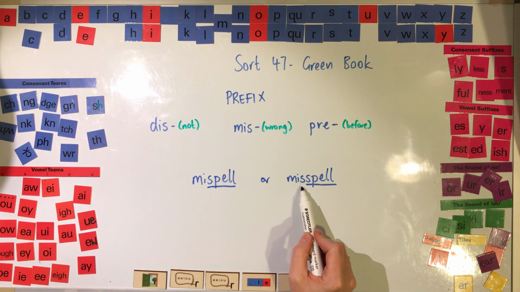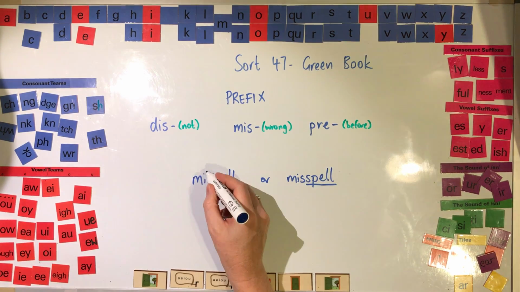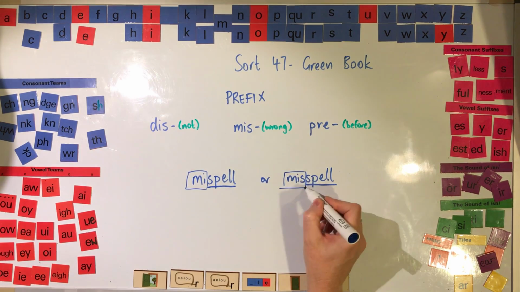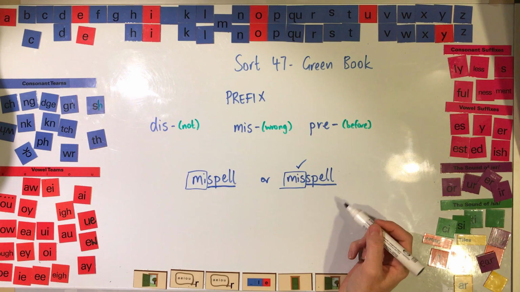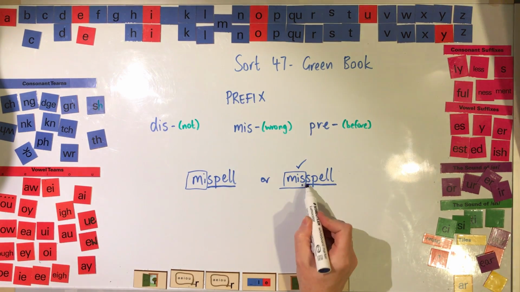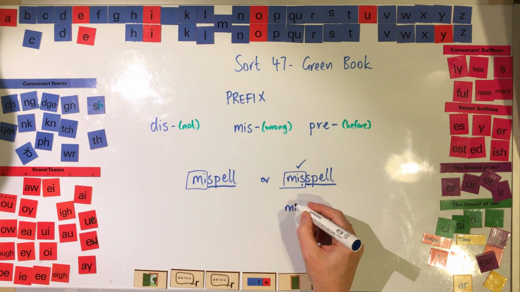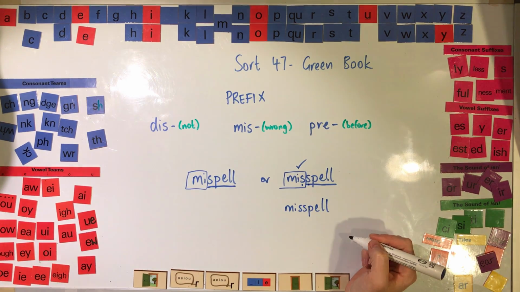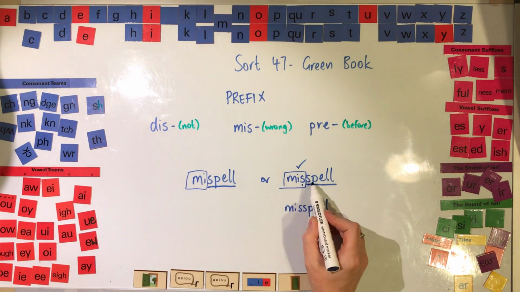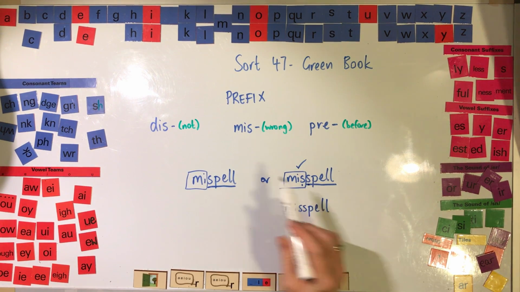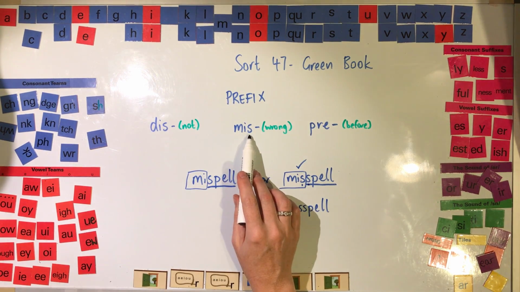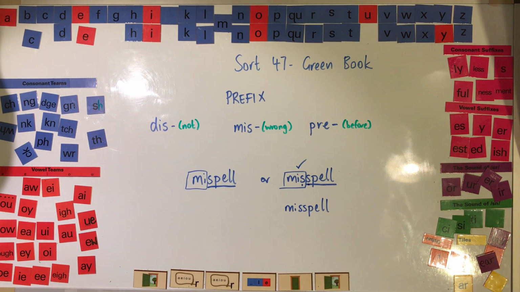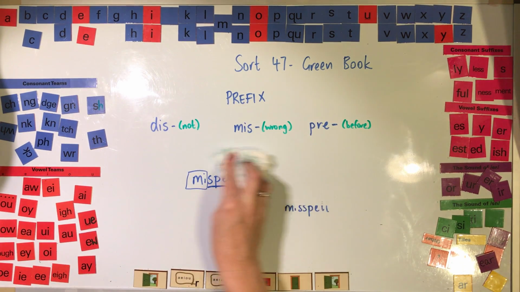Hopefully you can see this one is correct, because this one, the prefix is left without its own S. This one, the prefix has all the parts there. So even though you might be tempted to think, oh, that looks a bit weird, double S in the middle of that word, it actually does need a double S, because one S belongs to the prefix and one S belongs to the word. So if you add a prefix to a word that starts in S, you must keep both the S's. They are both required. So that was just something to point out.